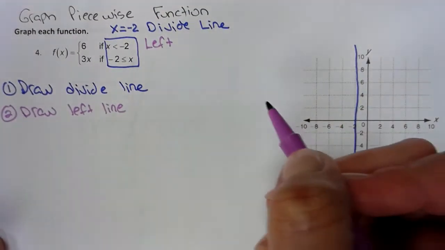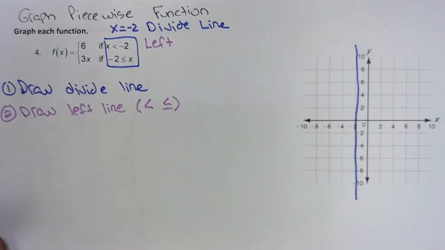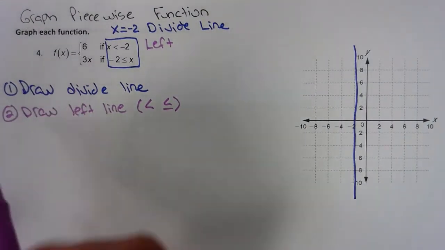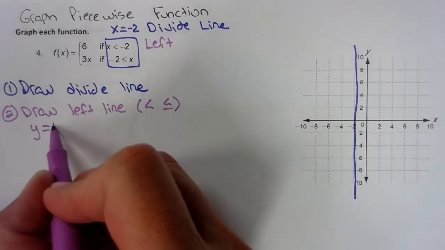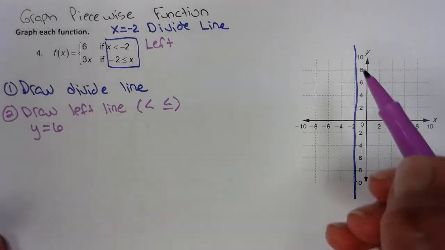You know that it's going to be the left when you see a less than or less than or equal sign up in your parameters. And this is the line y equals 6.